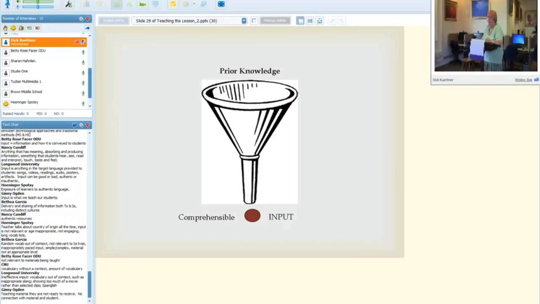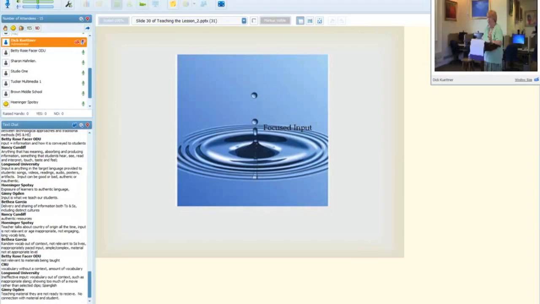Then my input down at the bottom of my funnel has come down here, and we've worked with it, it's processed, and now we can expand that input like these ripples and start applying it to a wider segment of knowledge that they need to know.